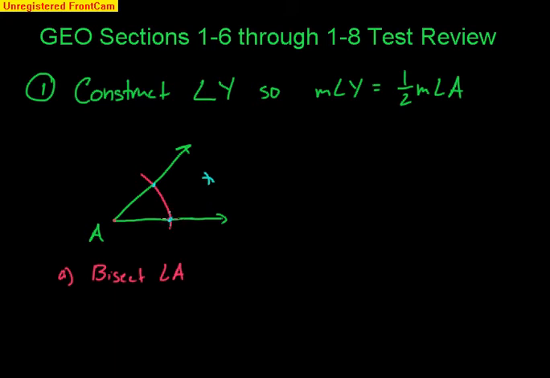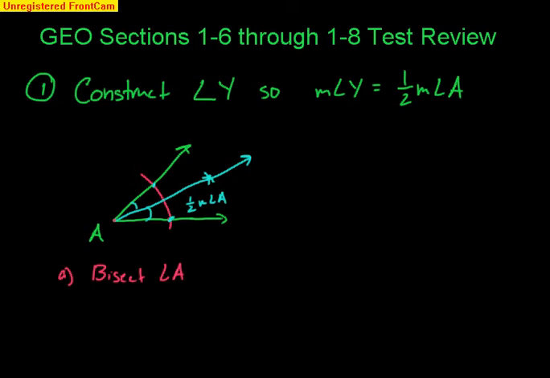You put the point on these 2 points, and you make arcs out in the middle of the angle. And this intersection point gives you the point on the angle bisector, and you connect them. And now this angle is congruent to that angle. So now I know that this right here is half the measure of angle A.